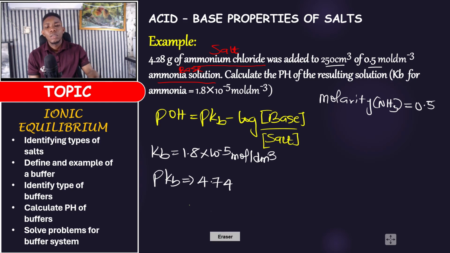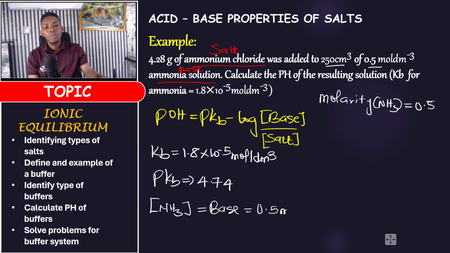All right, so we can say the ammonia concentration, which in this case is the base, was already given as 0.5 mole per dm cube.